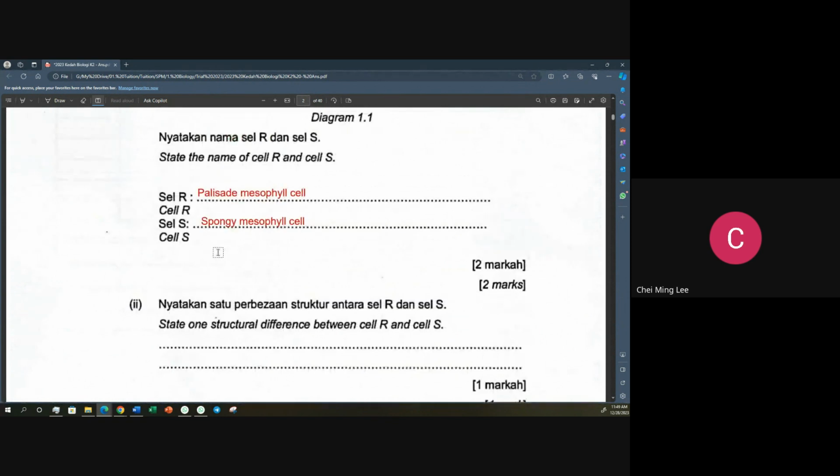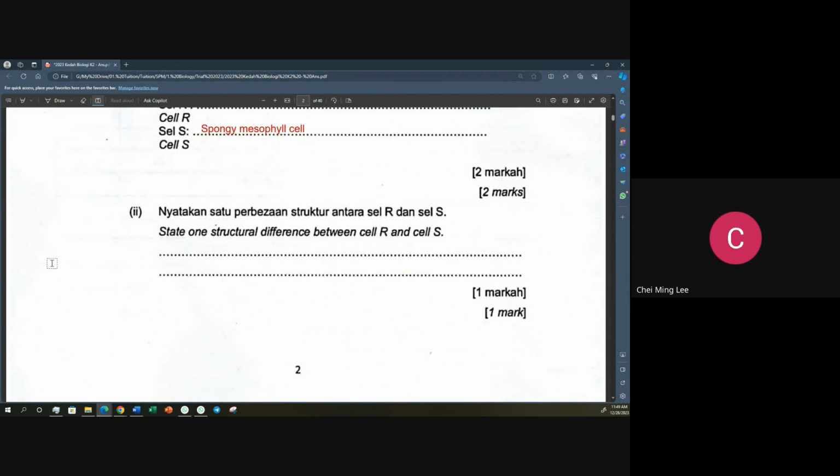Now, state one structural difference between R and S. For cell R, the cells are arranged closely and tightly.